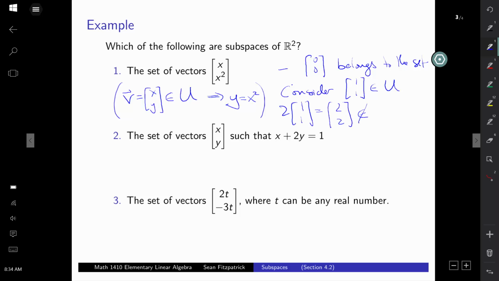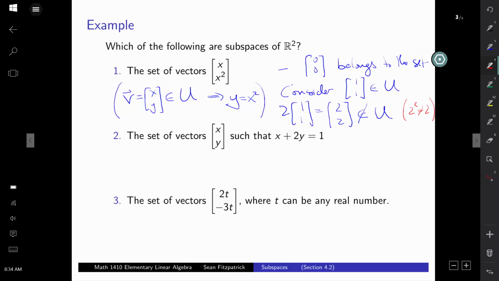That does not belong to my set because 2 squared is not equal to 2. We know that 2 squared is equal to 4. And so we've just given an example of a scalar multiple which doesn't belong to this set, and that guarantees that this can't be a subspace, because it's not closed under scalar multiplication.